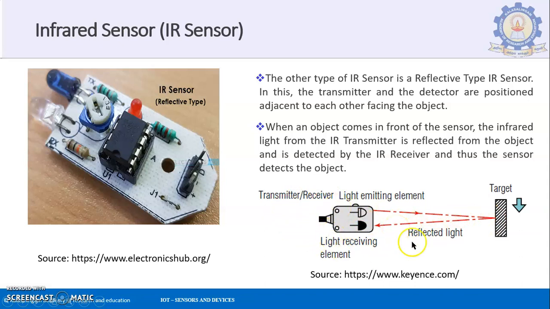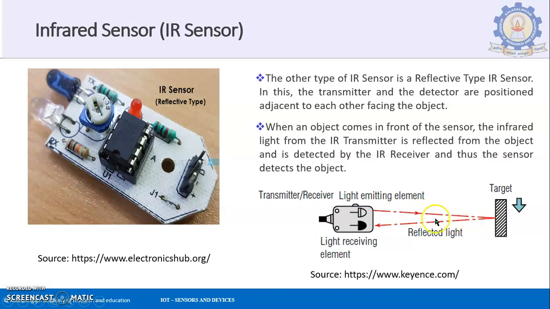This is the same principle that is also being used in line follower robots. When the signal is sent from this particular source and it hits the line and comes back, the robot will go on the straight line. If there is no tape on the line, if there is no line available over there, what will happen?